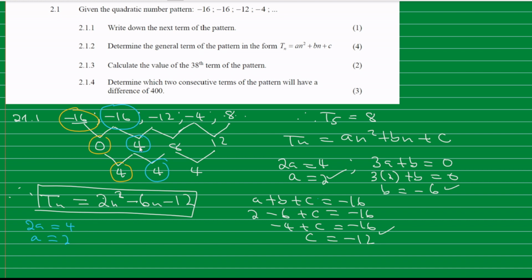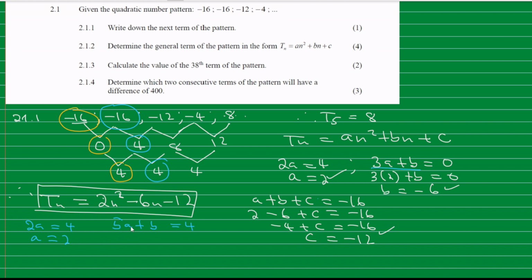But if you are going to use this 4 here, not the 0, the second term in your row of first differences, this one is not a 3a plus b like we have mentioned here. If you still remember, this one is a 5a plus b. So you would say 5a plus b is equal to 4.